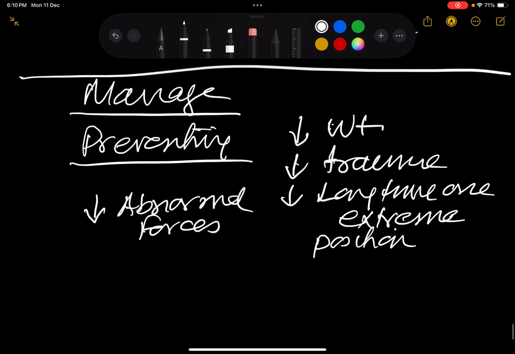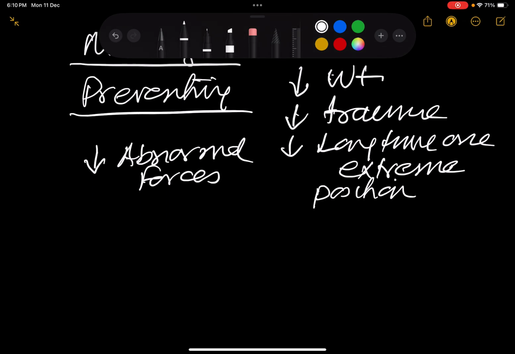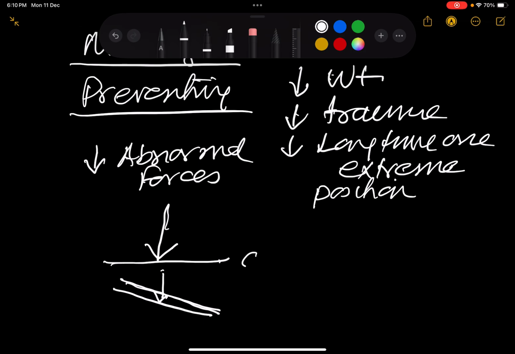For example, if the joint is not perpendicular to the direction of force, it is like this. Therefore, this force will produce sliding of the upper over the lower. So instead of the force being a compression force, it will become a shearing force.